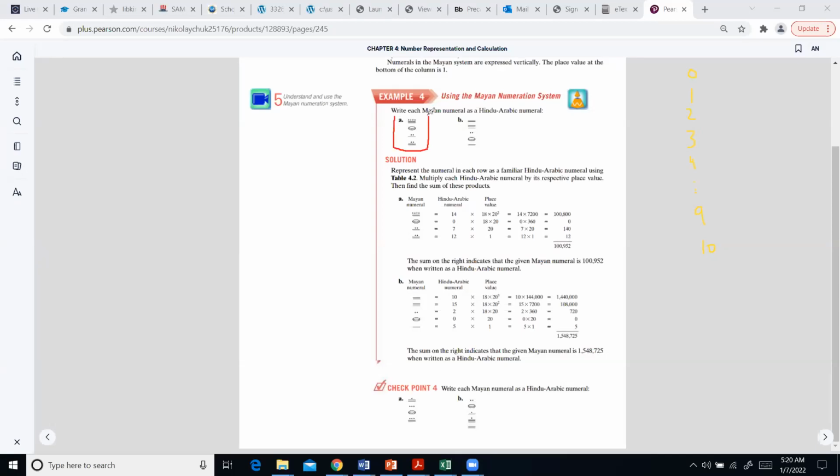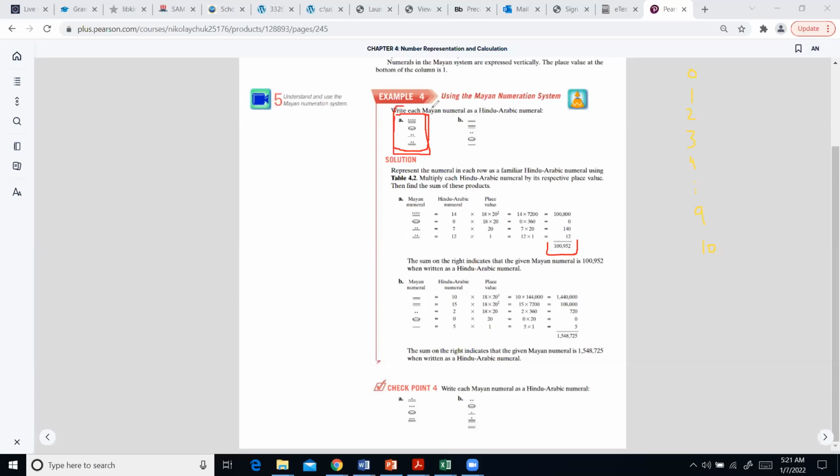So for example, what does this stand for in terms of the so-called Hindu Arabic or standard numeration system that we use in everyday life? It turns out the number they have here in example part A is 1952. How do you know that?